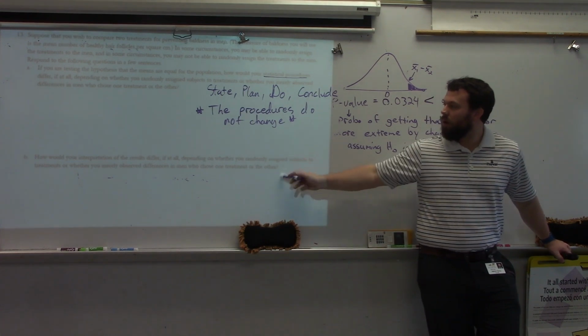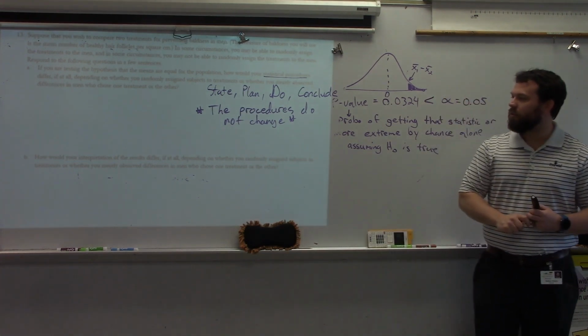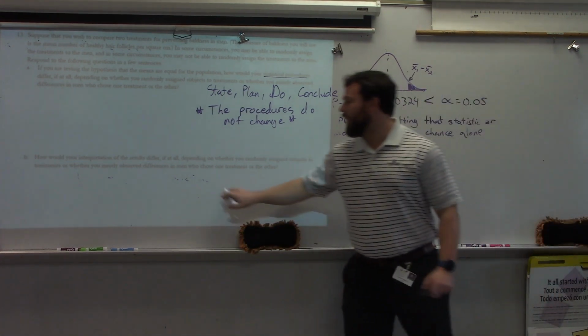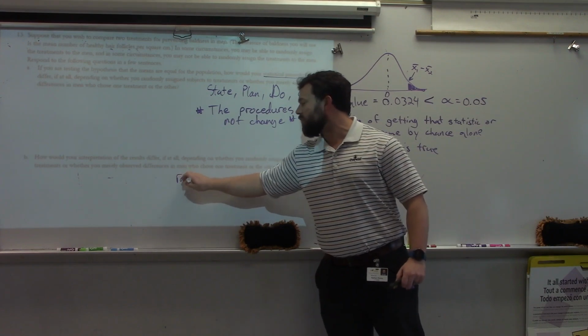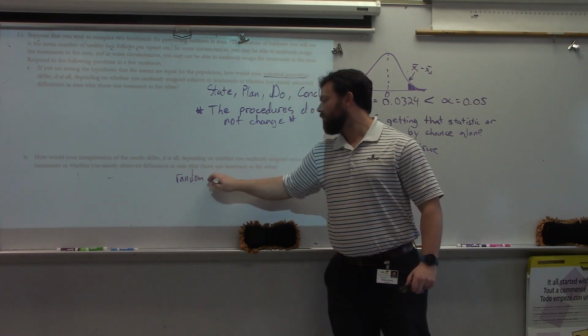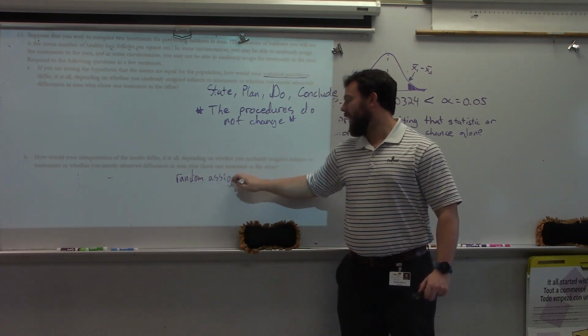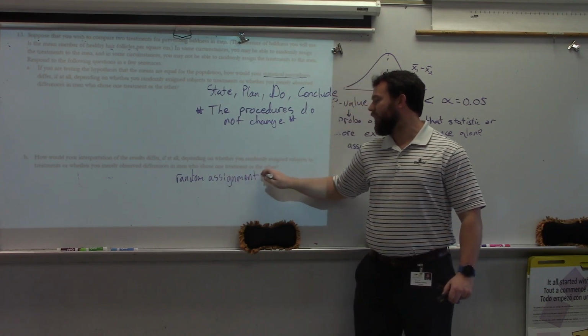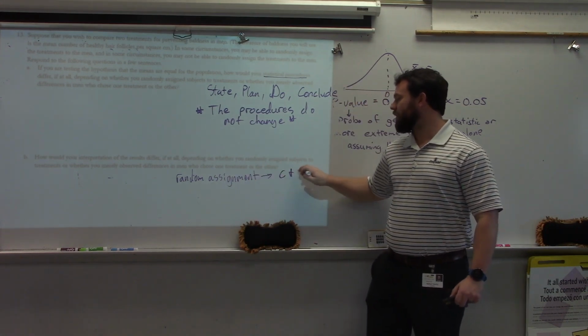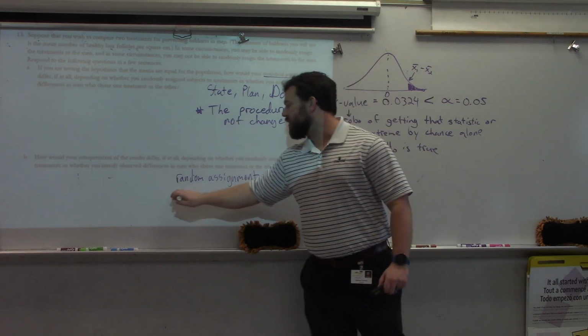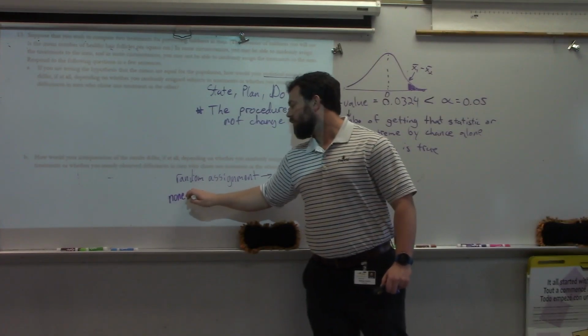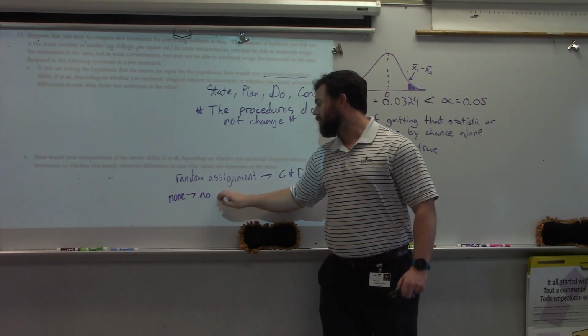So how does the interpretation change? If we have random assignment, what can we establish? Cause and effect. There we go, that's the big thing I wanted to see. Random assignment, we can establish cause and effect. If there is none, no cause and effect.